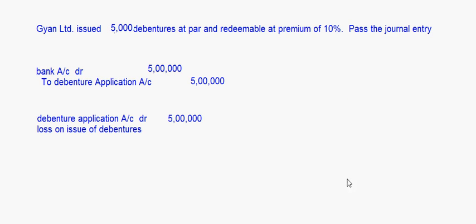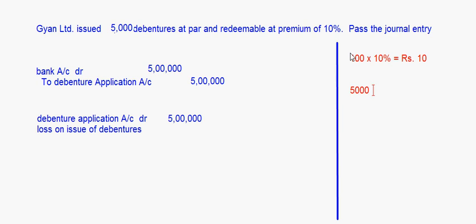See, hundred into 10% is equal to rupees 10, right? So what is the premium on 5,000 debentures? It is 5,000 into 10, which is 50,000. This is the loss that is going to be incurred by the company. 50,000 will come here, right?